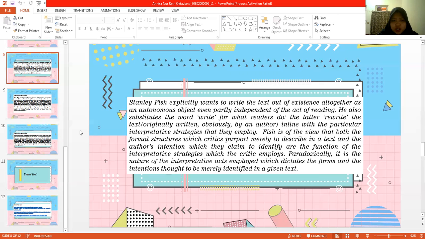Paradoxically, it is the nature of the interpretative acts employed which dictates the forms and the intention thought to be merely identified in a given text.